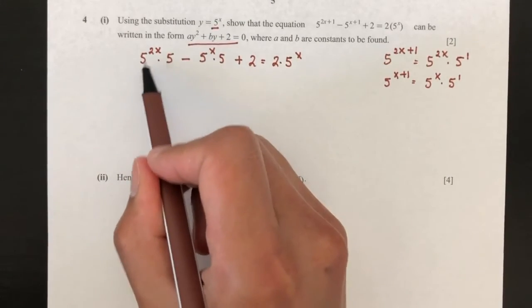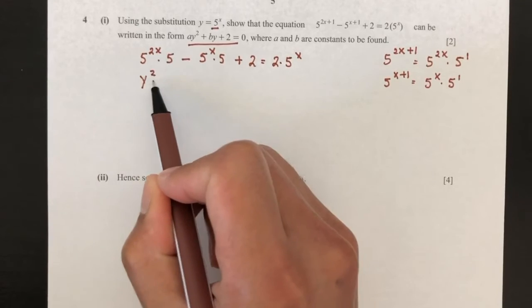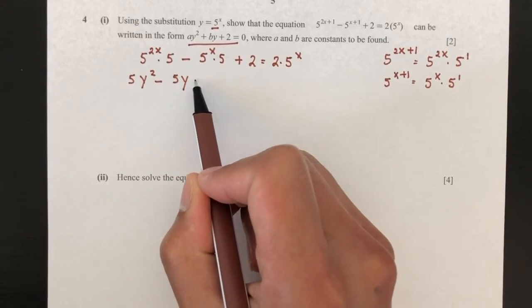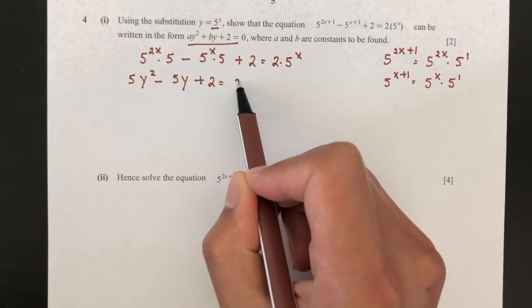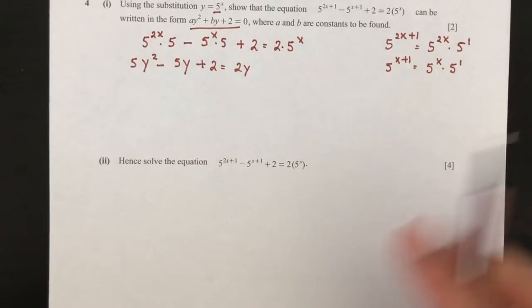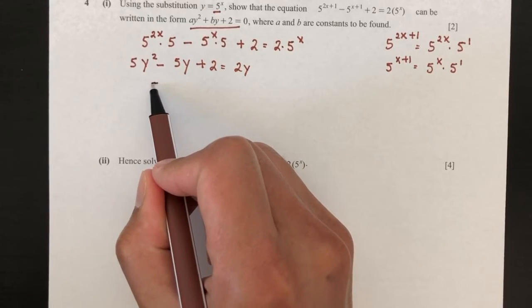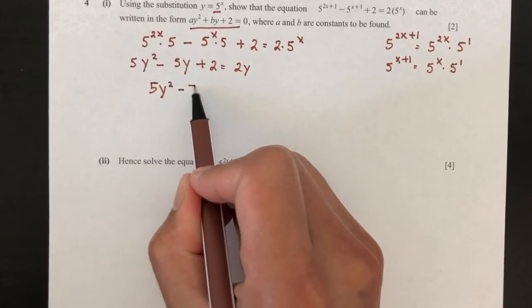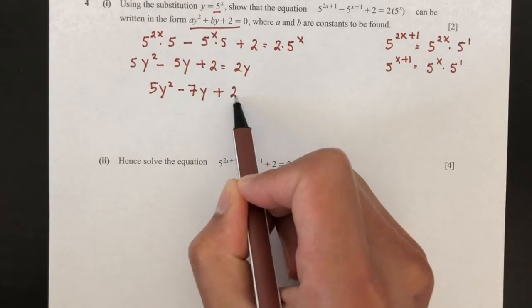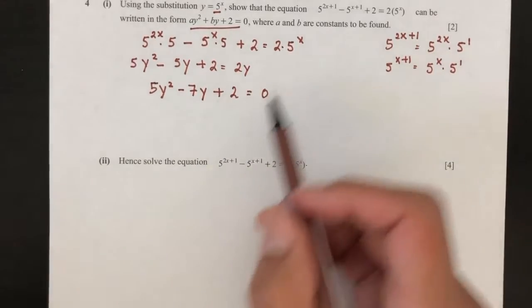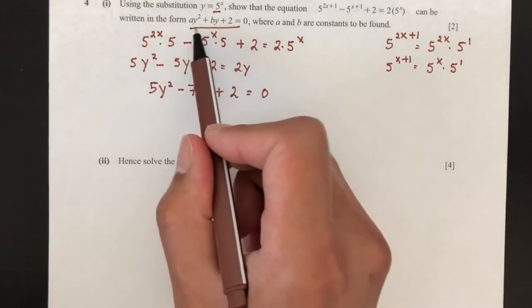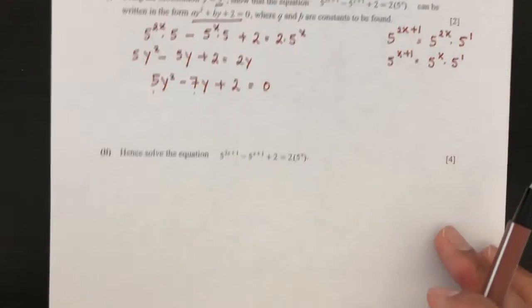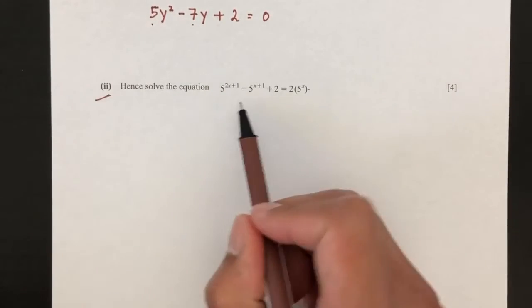So here you will have y squared times 5, minus 5y, plus 2 equal to 2y. Now simplify, you will have 5y squared minus 5 minus 2, that will be minus 7y, plus 2 equal to 0. So that is your equation in terms of y, where a and b are constants, which are 5 and minus 7. Now part 2 is hence solve this equation.